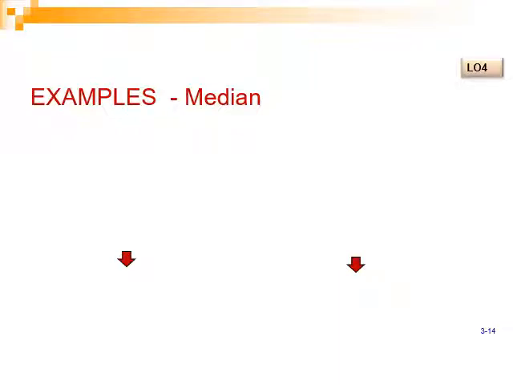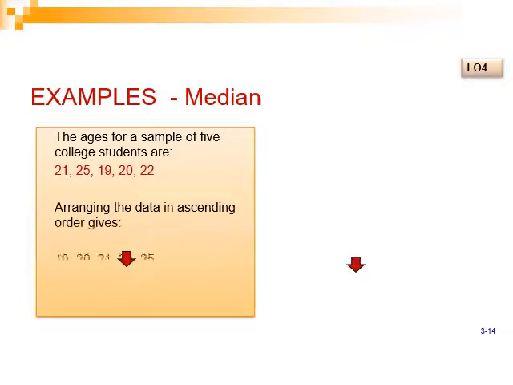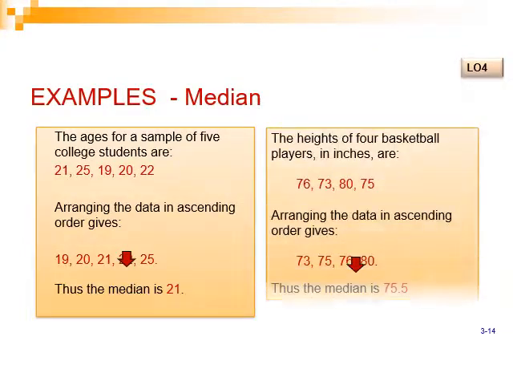Here we have examples for the median. The first example: the ages for a sample of 5 college students are 21, 25, 19, 20, and 22. Find the median. The first step for finding the median is arranging the data in ascending or descending order.